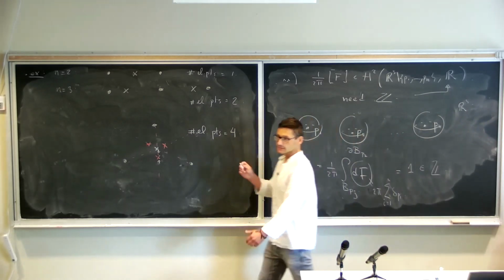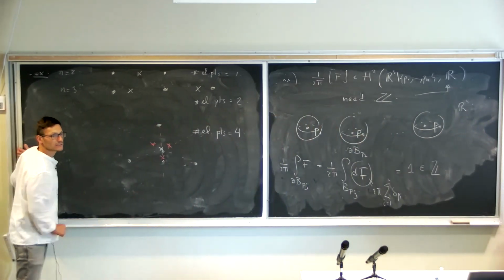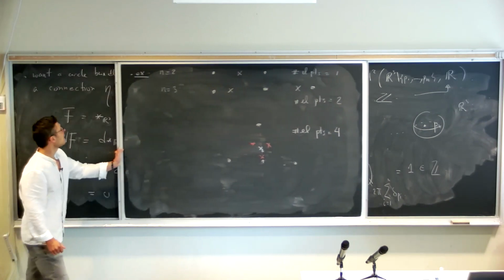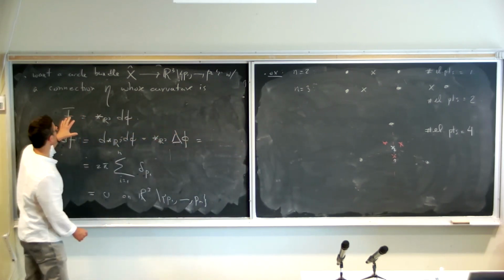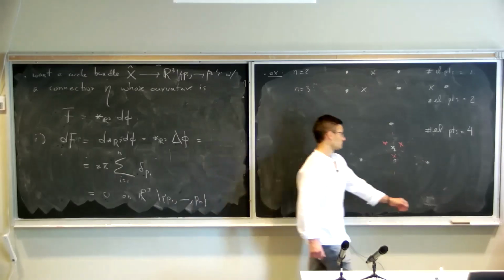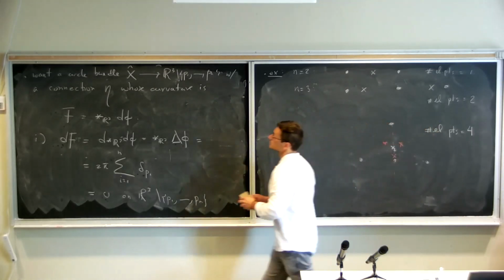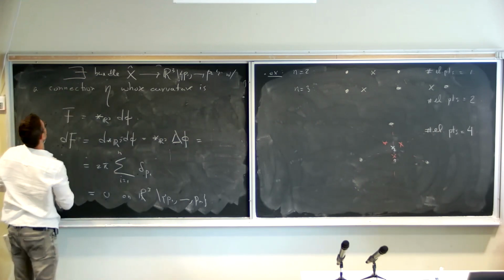So there exists indeed this circle bundle X hat over R3 minus these points, and it has a connection eta with curvature that satisfies this equation. Okay, so this exists. So there exists that bundle.